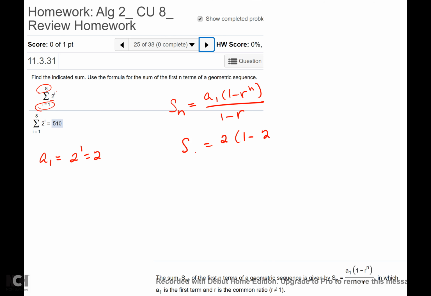From 1 to 8 would be 8 terms. Okay? So 2 to the 8th over 1 minus 2. So if I type that in, 1 minus 2 caret 8, enter, times 2, enter, divided by negative 1, enter, you get S sub 8 equals 510. Okay?